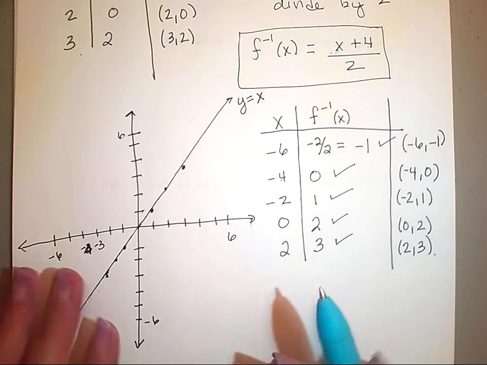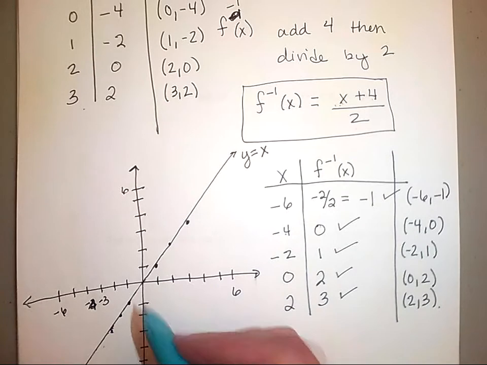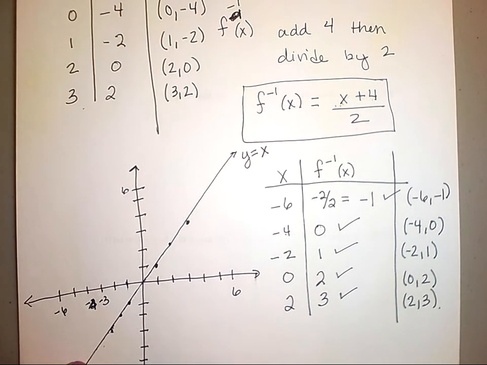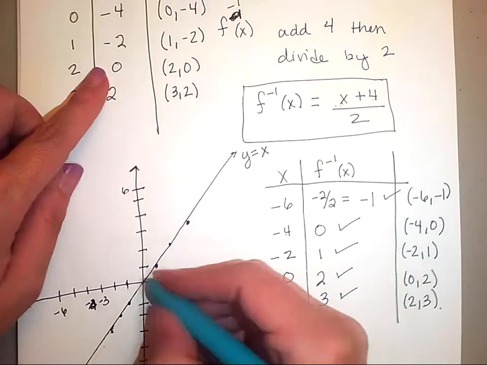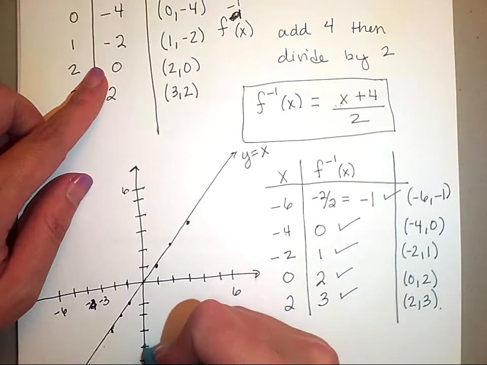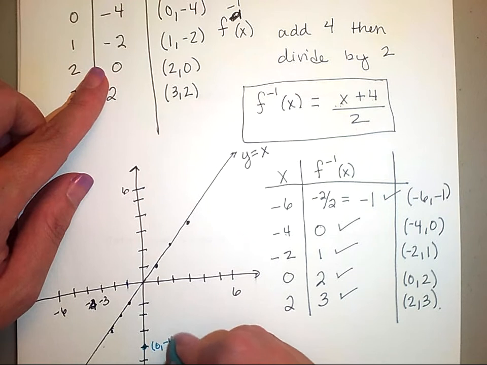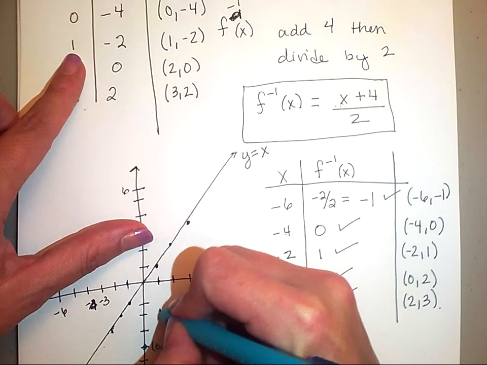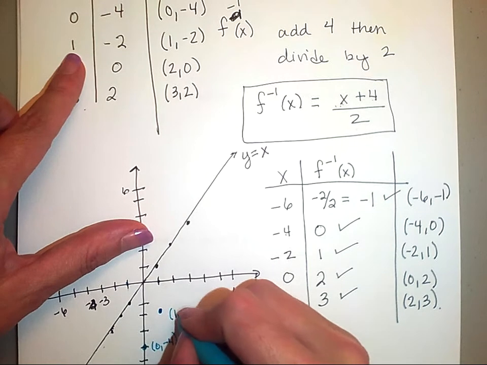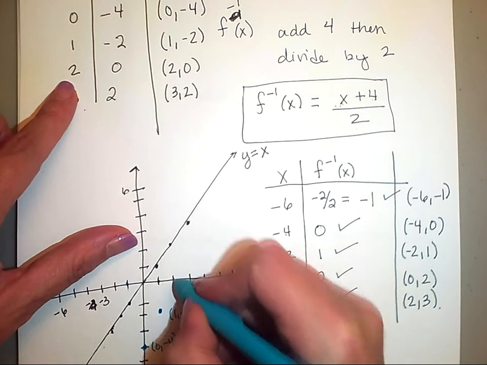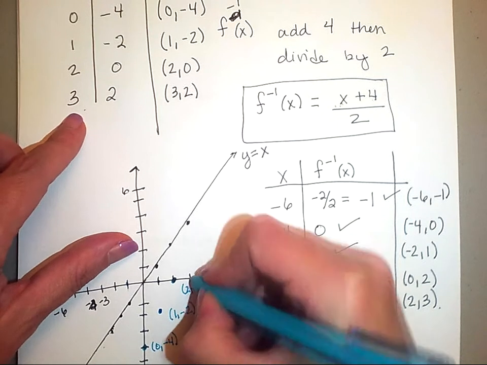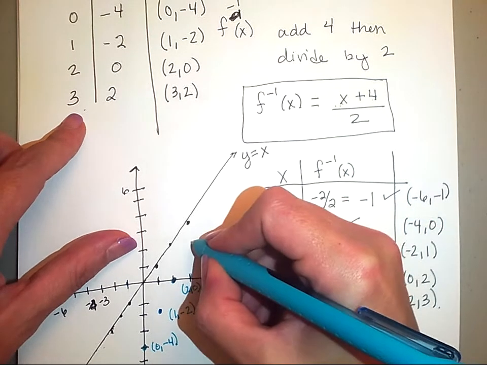So 2x minus 4. We're at negative 1, negative 6. At 0, we have negative 4. 1, 2, 3, 4. 1, comma, negative 2. At 2, comma 0, and at 3, we'll have 2.